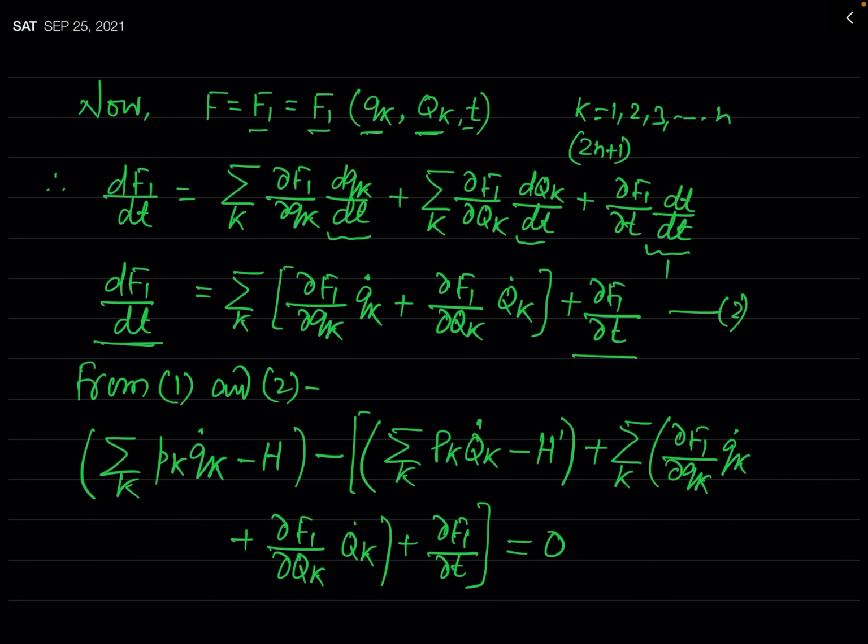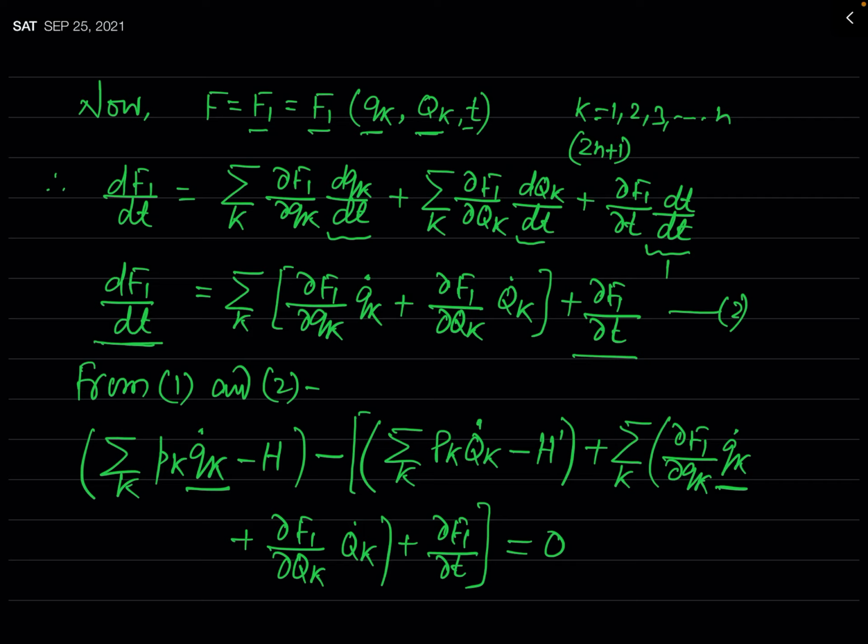Now let us write this equation again, but after some rearrangement. You can see that in this term there is qk dot, and in this term too qk dot is present. So associate these two terms by taking this qk dot as a common factor.